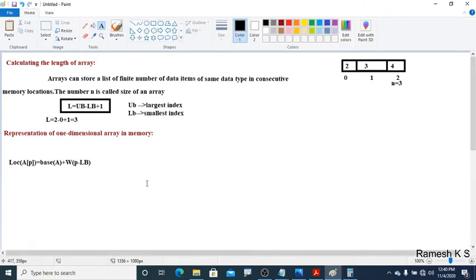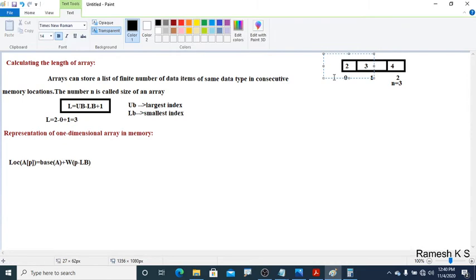This is the equation. Using this, we can calculate the address of any element of A by the formula. I am considering this is the array A.